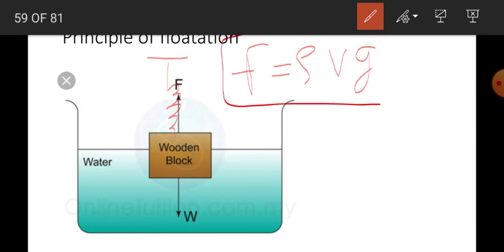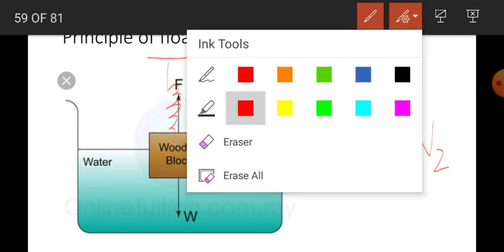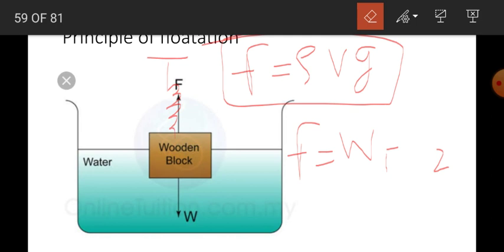One is this, and the second formula was upthrust equal to true weight minus apparent weight, isn't it? For a floating body apparent weight is 0, so I need to cancel this. So what is going to remain then? Weight of the object. So this is the principle of flotation.